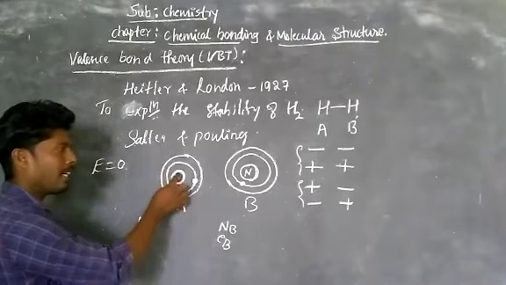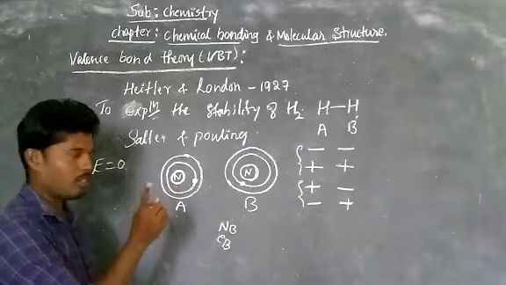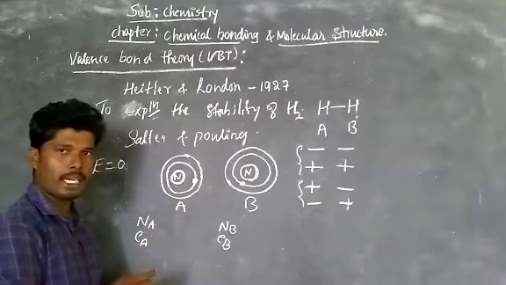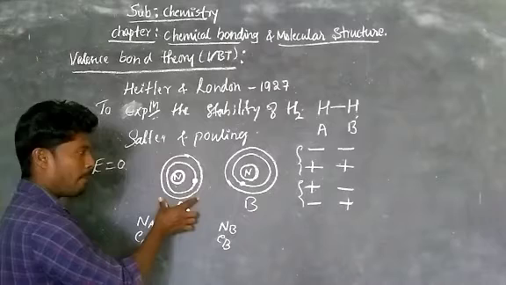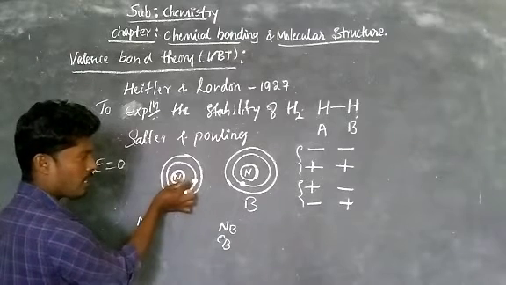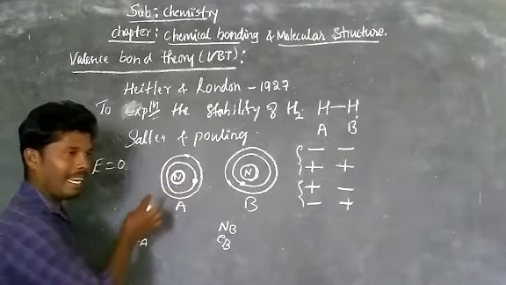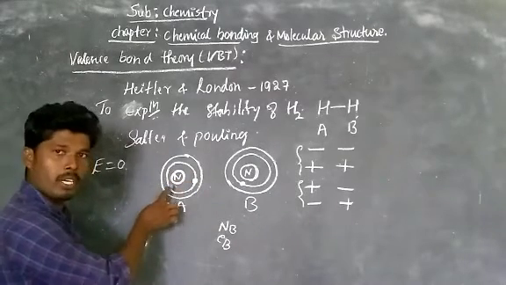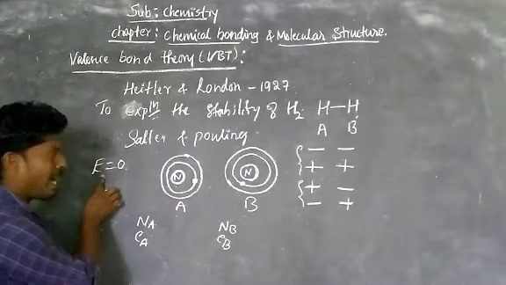In an atom, the nucleus is positively charged and the electron is negatively charged. When the atom is single, the attractive force is present between the nucleus and electron of the same atom. In that case, the energy of the atom is zero.